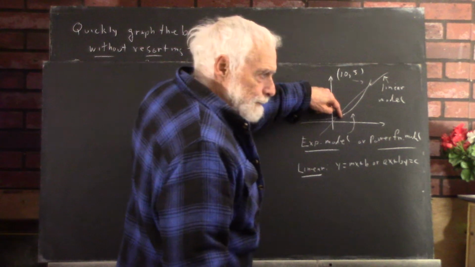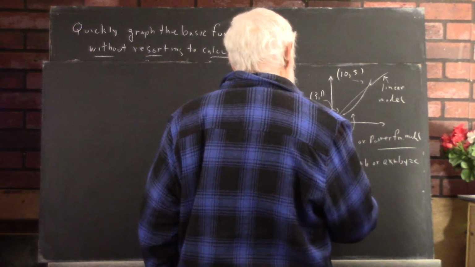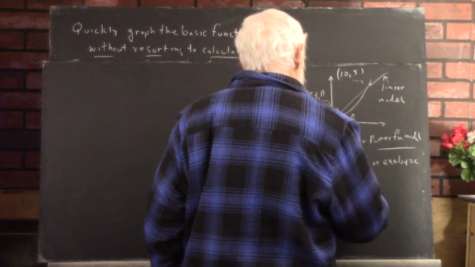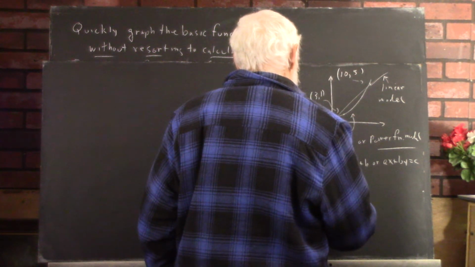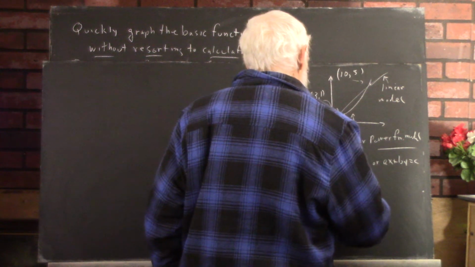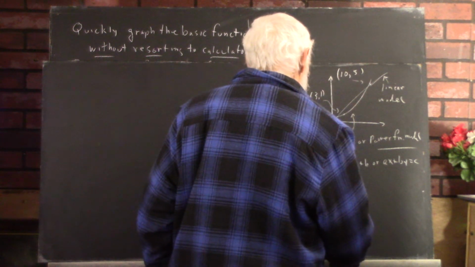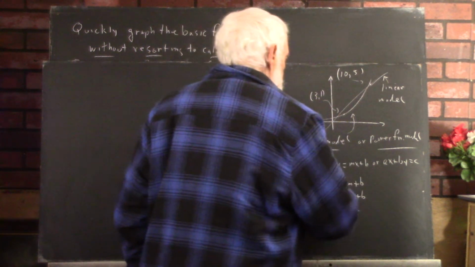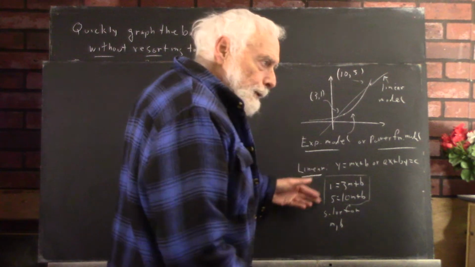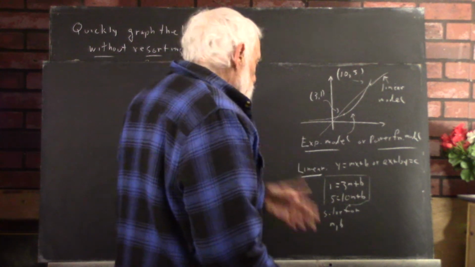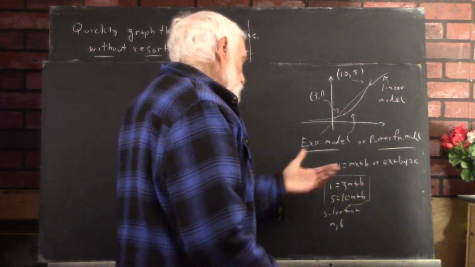And my linear model didn't go through this point very well, but it should have. You would get 1 equals 3m plus b. You would get 5 equals 10m plus b. And that's very easy to solve for m and b, linear model. And you get simultaneous linear equations. So you just subtract one from the other, b gets eliminated, solve for m, then plug that back into one of the equations and solve for b.